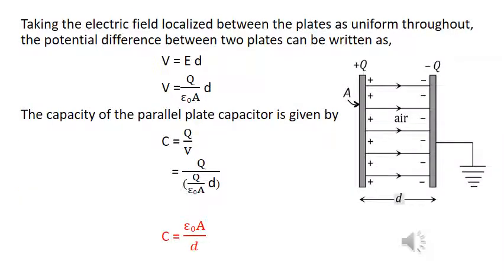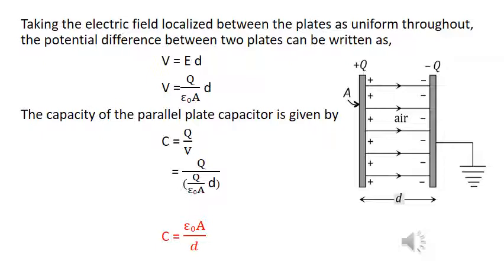Here we are considering that the electric field localized between the plates is uniform throughout. That is, the electric field is uniform throughout the space in between the plates. So the potential difference between the two plates can be written as V = E × d, by the formula which you have studied, the potential gradient, that is E = dV/dr.